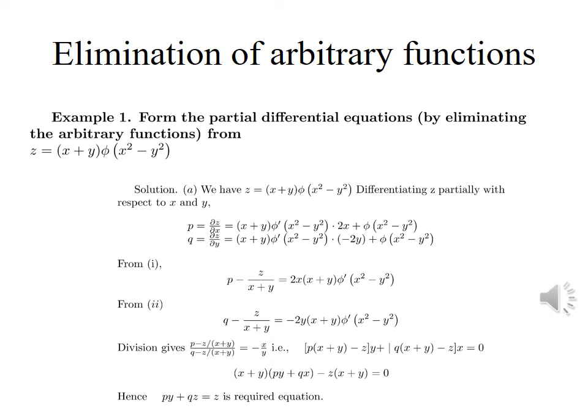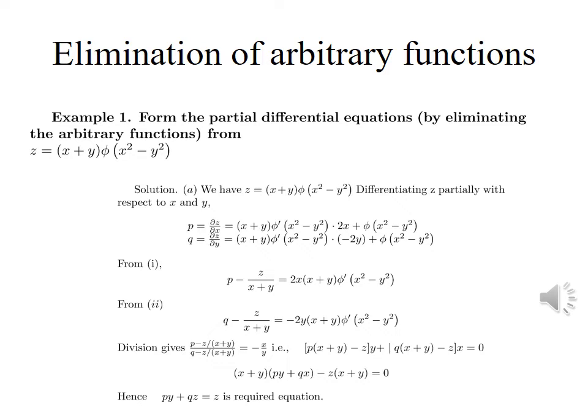When you partially differentiate with respect to x, we get p is equal to dou z by dou x is equal to x plus y into, we use the product rule, x plus y into phi dash of x square minus y square into 2x plus phi of x square minus y square into the derivative with respect to x of x plus y. But here dou by dou x of x plus y gives 1. So there stops the partial derivative with respect to x.